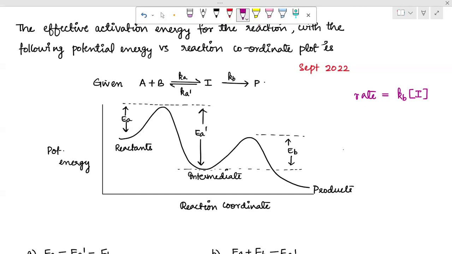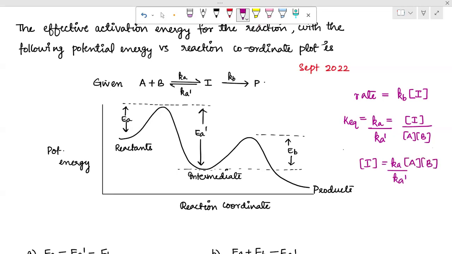How to do that? So with the equilibrium approximation method, we know that the equilibrium constant, what is equilibrium constant? The rate constant for the forward step divided by the rate constant for the backward step. This is going to be equal to concentration of the product of that step, I, divided by concentration of the reactants A into B. Now, if I rearrange for I, I'll get concentration of I is equal to Ka by Ka prime into concentration of A into concentration of B. Now, I'll put this expression of I over here.